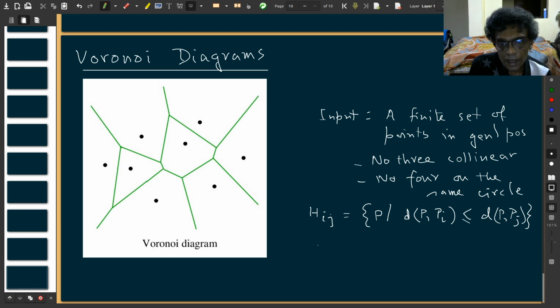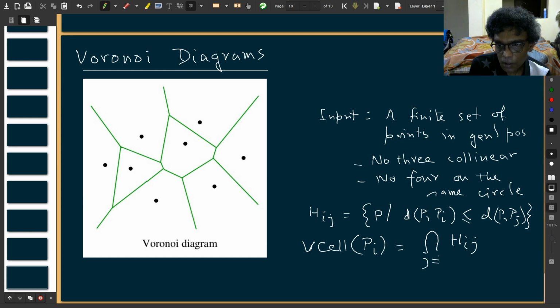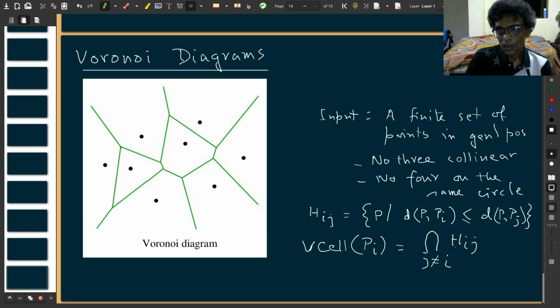And the Voronoi cell for the site Pi is the intersection of Hij, j not equal to i. Each Hij is a convex region, and you are intersecting some number of convex regions.